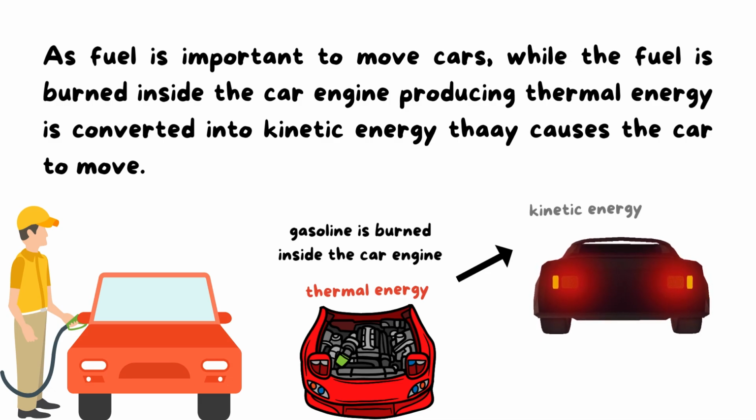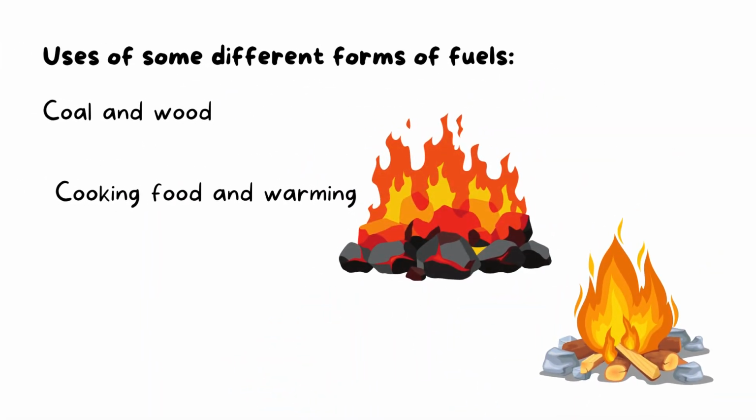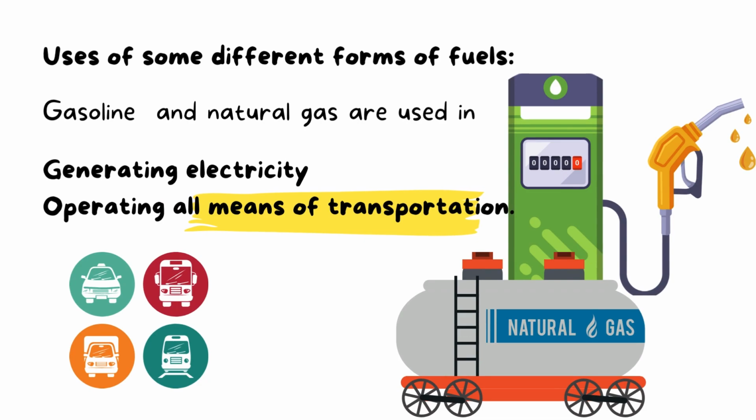Here we will go to activity 3, what you already know about fuels, as we'll discuss some uses of different forms of fuels. We will talk now about coal and wood, and we knew that coal and wood are used for cooking and warming, yes? Some uses for gasoline and natural gas: they are used in generating electricity and operating all means of transportation.